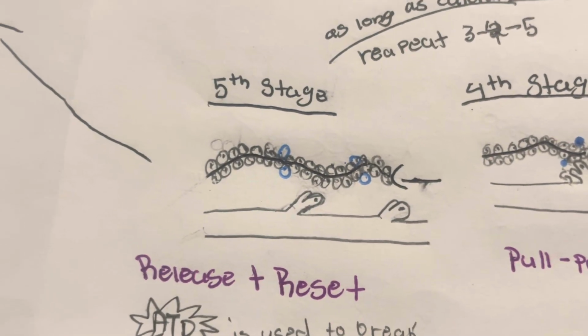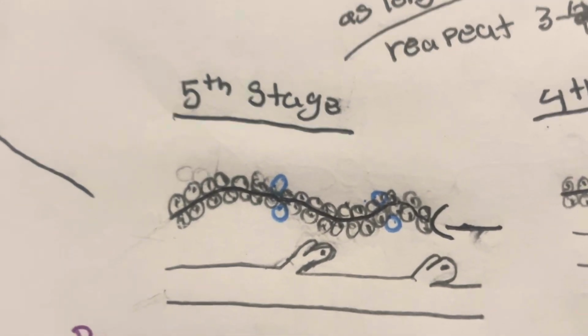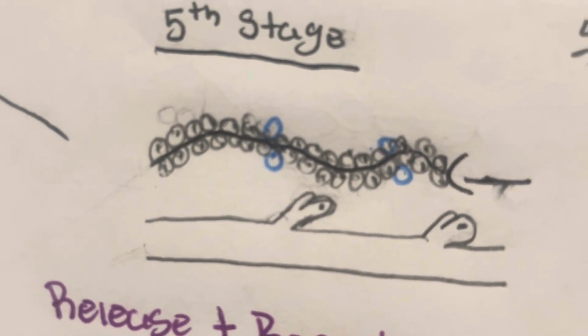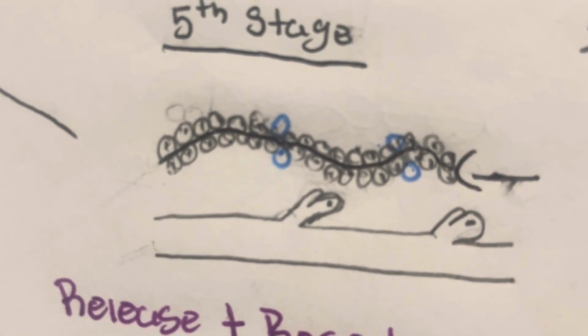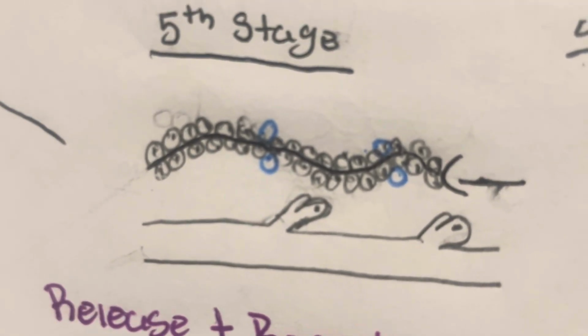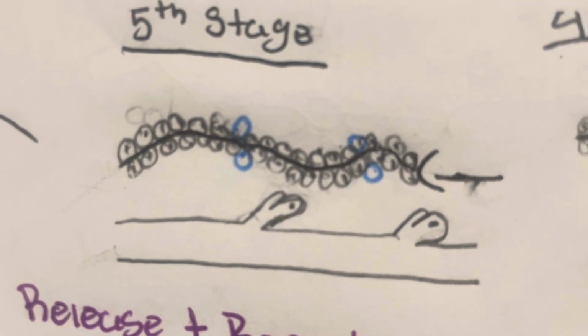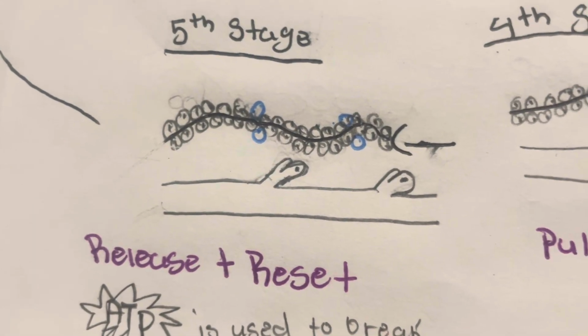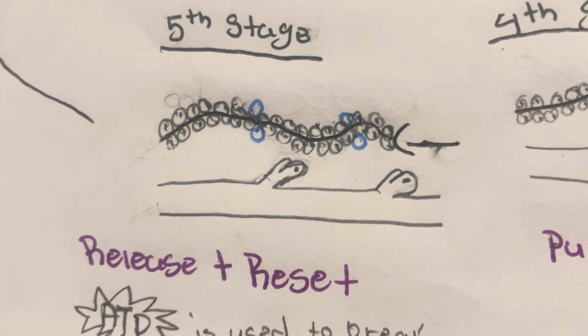Now, in stage 5, since we pulled, we need to reset so we can pull again. Relax the muscle if we're not going to contract it anymore. In this stage, we're going to release and reset.